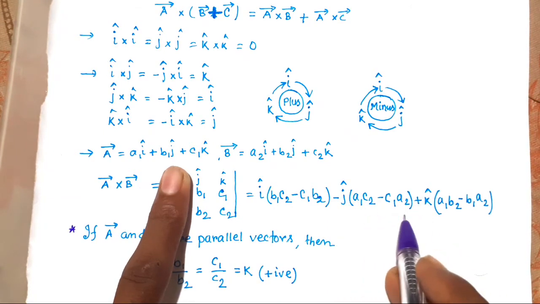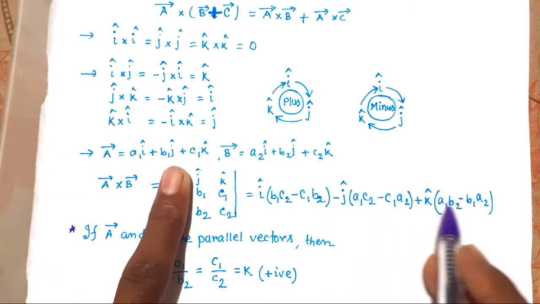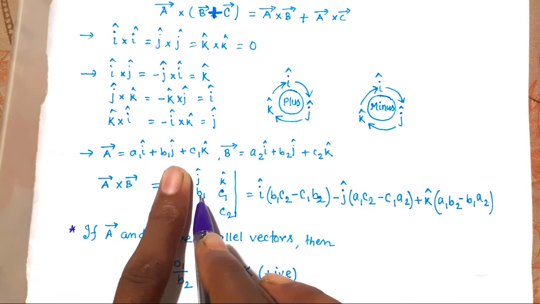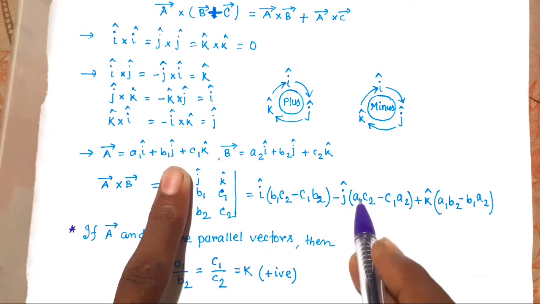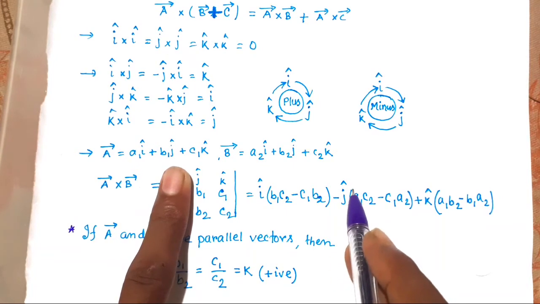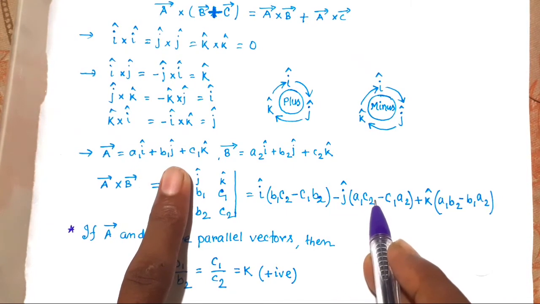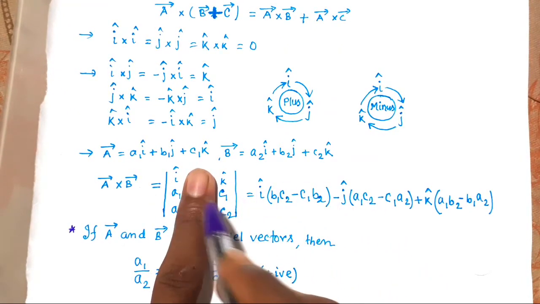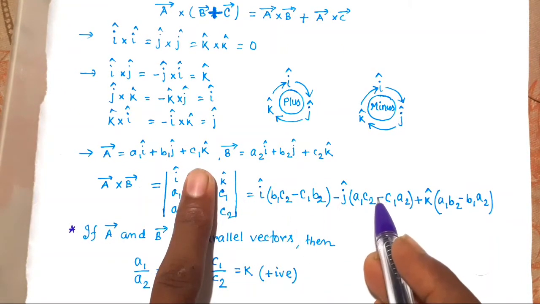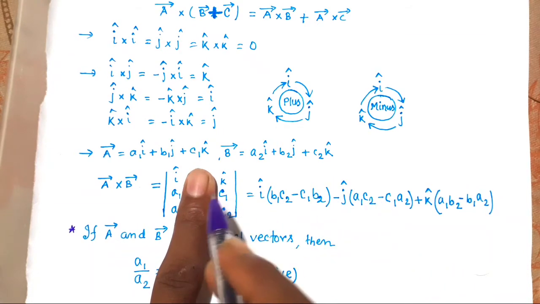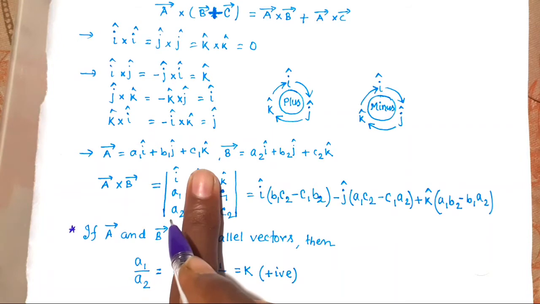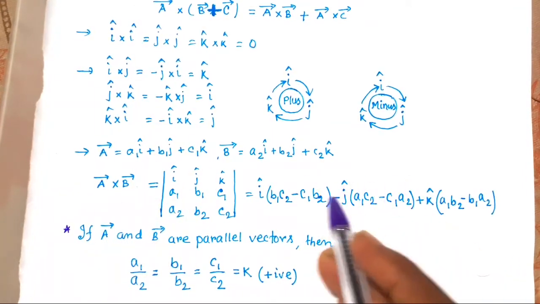In the case of j cap, this is minus, and within the bracket this column will be off. Now from left to right, a1 c2, always minus, and then right to left, c1 a2. This way we can calculate it.